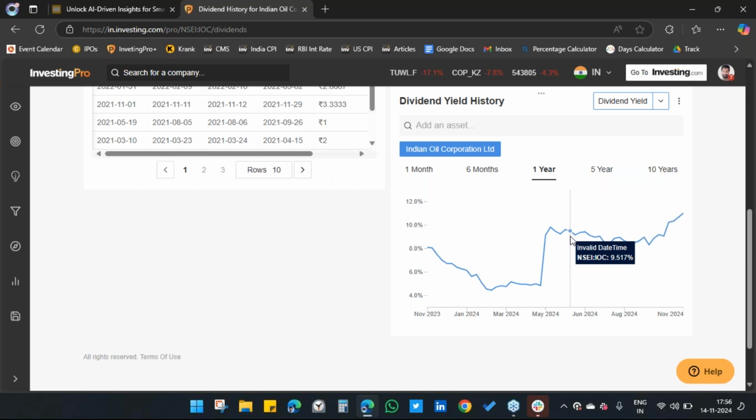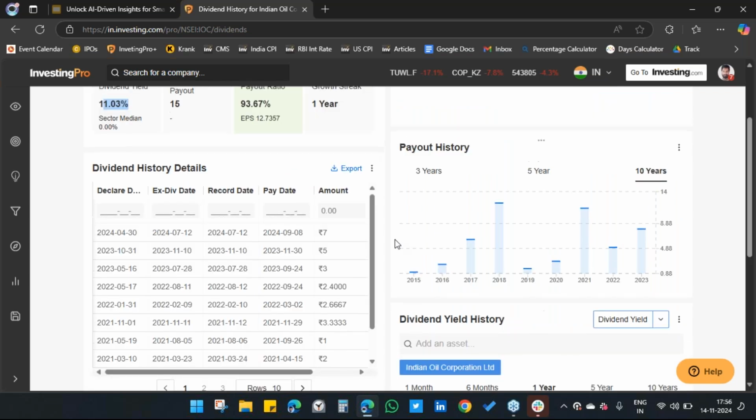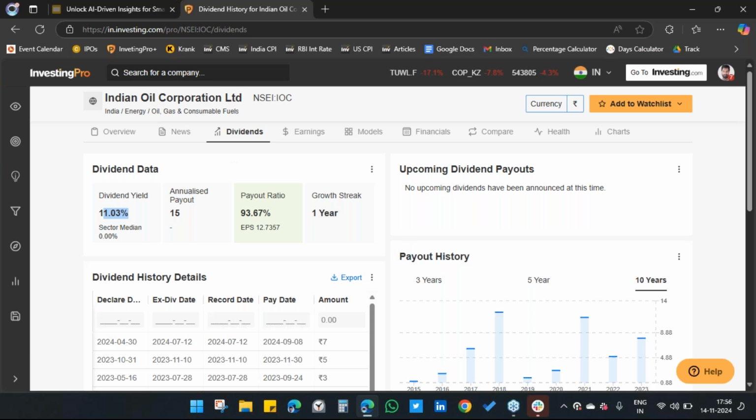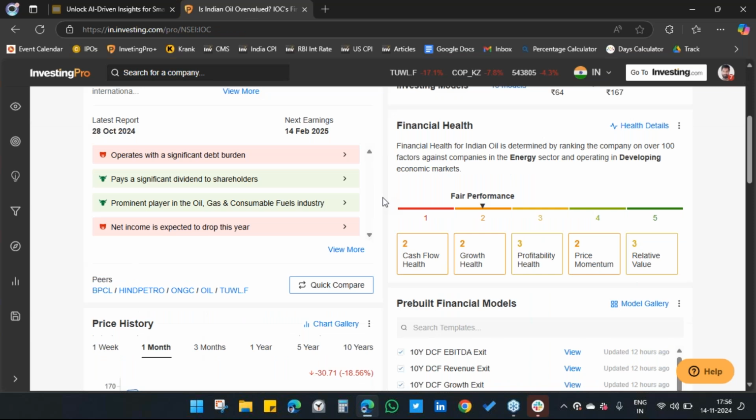So when the dividend yield chart shoots up, that's a good sign to buy that stock from the dividend perspective. There's a whole lot of stuff you can do here in Investing Pro, but the main focus is the ProTips, which automatically told you that. If you are interested in dividends, you should definitely consider this stock because, again, of significant dividend.